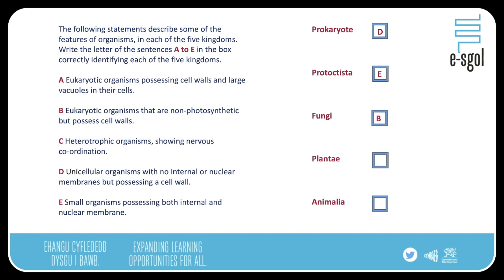B. Eukaryotic organisms that are non-photosynthetic but possess cell walls. Plantae. A. Eukaryotic organisms possessing cell walls and large vacuoles in their cells. Animalia. C. Heterotrophic organisms showing nervous coordination.